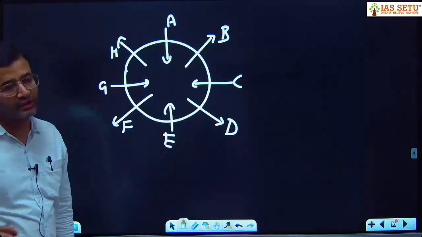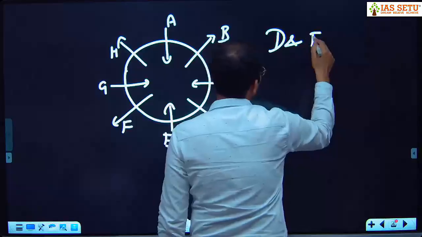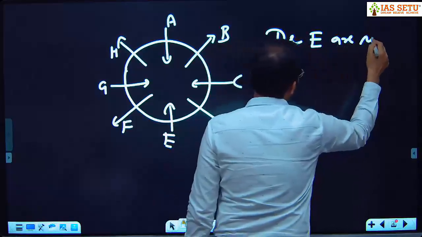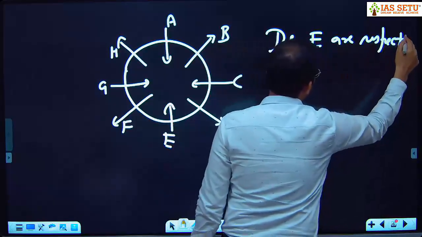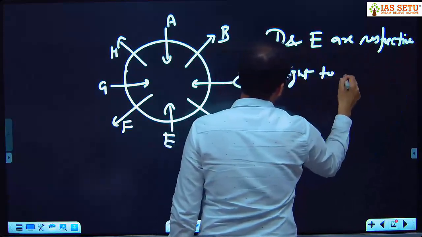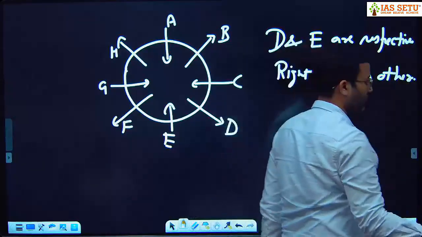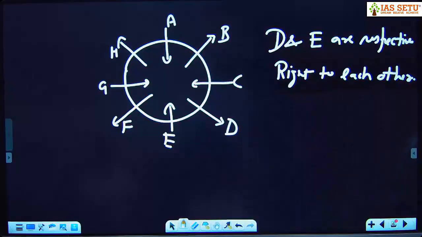They are sitting on each other's right side. D and E are respectively right to each other.